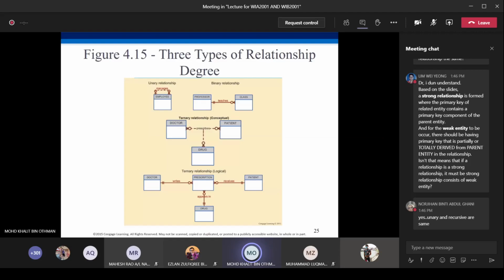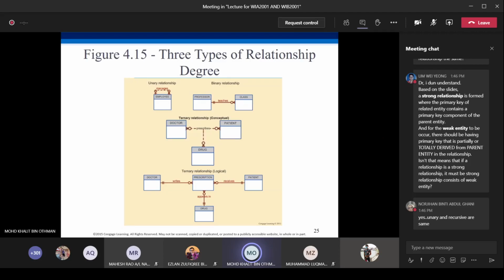The second diagram is a binary relationship. A binary relationship is between two entities. Here we can see that teach is the association between the entity professor and the entity class.